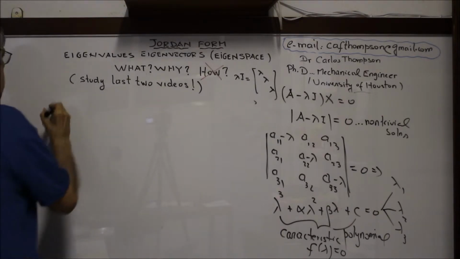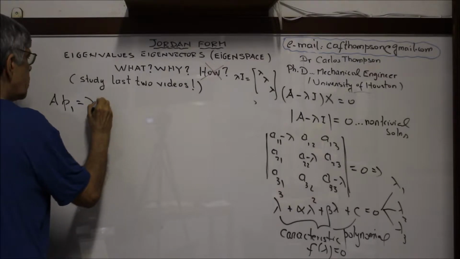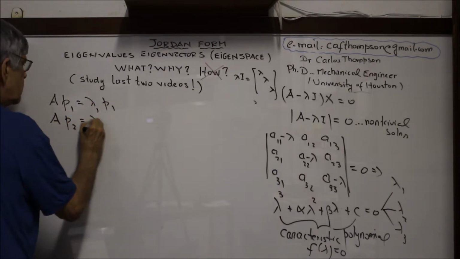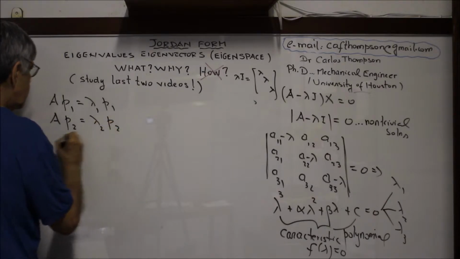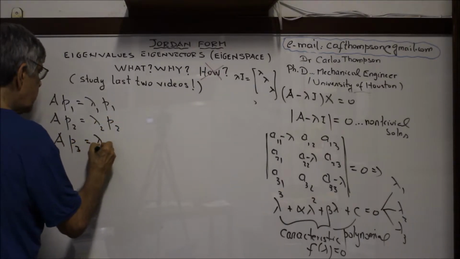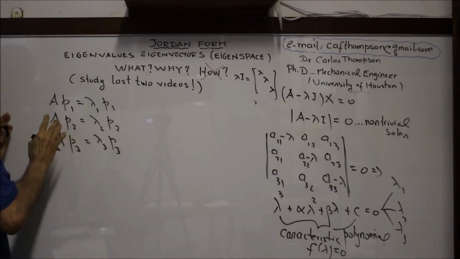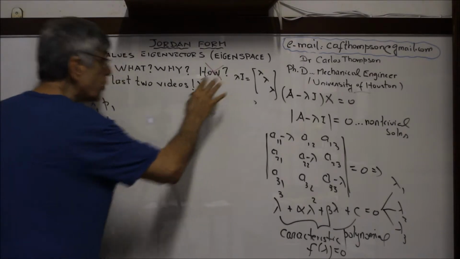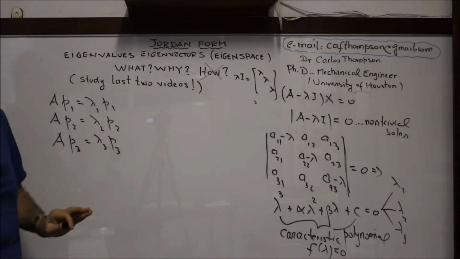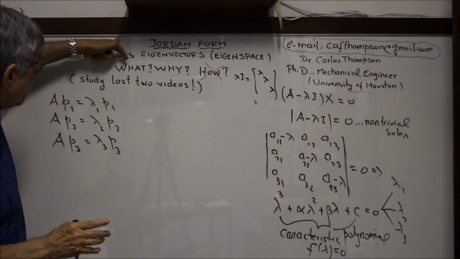So A P1 is lambda 1 P1, A P2 is lambda 2 P2, A P3 is lambda 3 P3. Pay attention. I'm not interested for the time being in how we get P1, P2, and P3. I'm just explaining what and why.